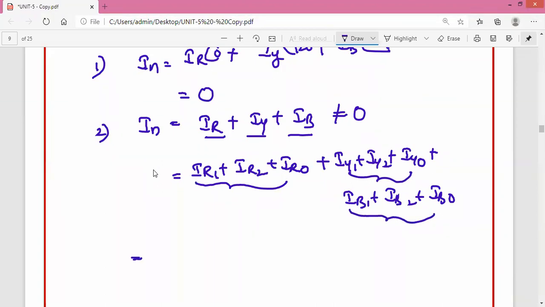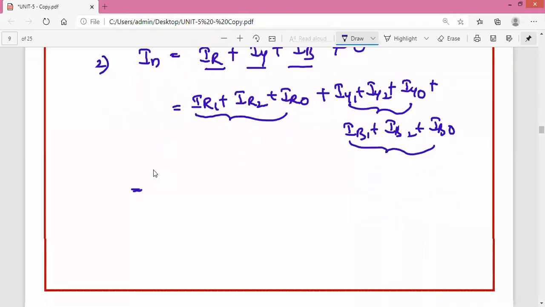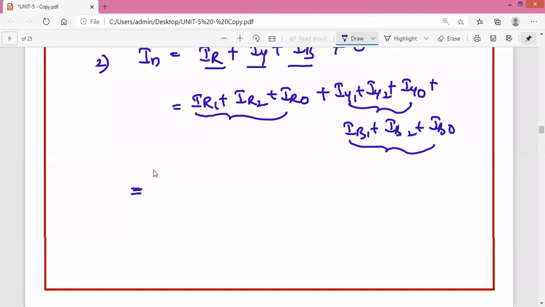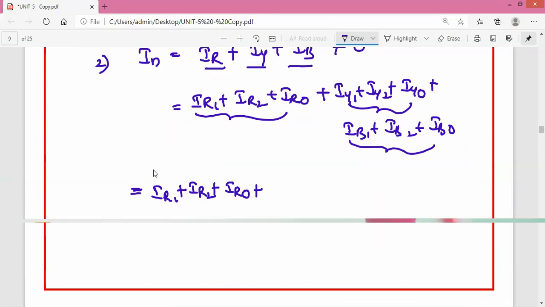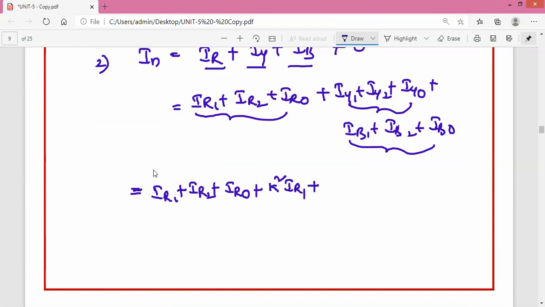Now from the matrix, which we have just discussed, IR1 is IR1, IR2 is IR2 and IR naught. But IY1 can be represented as k square times IR1. From the matrix only I am writing. IY2 can be represented as k times IR2, and IY0 is nothing but IR0 only. IB1 can be represented as k times IR1.